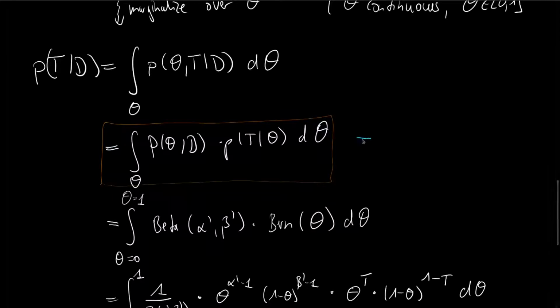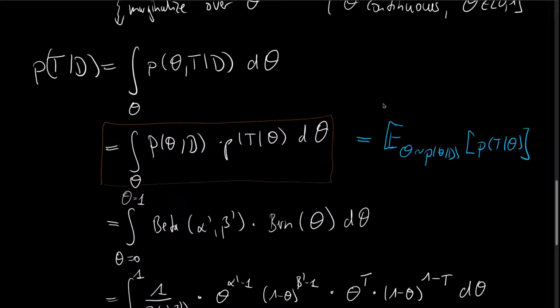So this is an expectation over theta distributed according to p of theta given d, so distributed according to our found posterior, over p of t given theta.